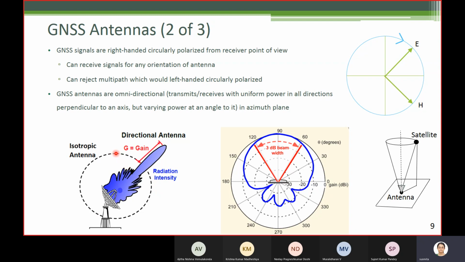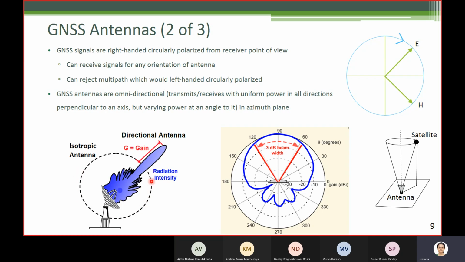Now at any point on the sphere, you can find the power density or radiation intensity by dividing the total transmitted power by the area of the sphere. So in this case, PT by 4 pi r square. Anywhere on that sphere, the power density or radiation intensity would be PT by 4 pi r square when it is an isotropic antenna.